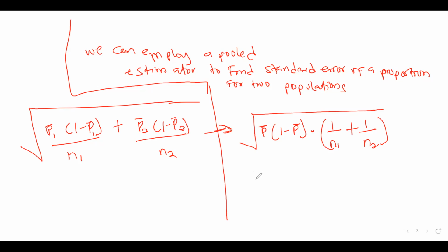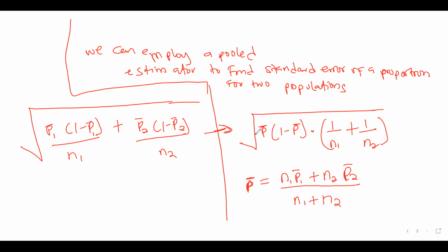But mind you, the pooled proportion itself also has a formula. The pooled proportion is sample size 1 times the sample proportion of group 1 plus sample size 2 times the sample proportion of group 2, all over N1 plus N2.